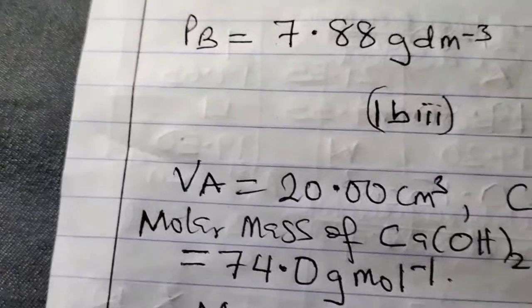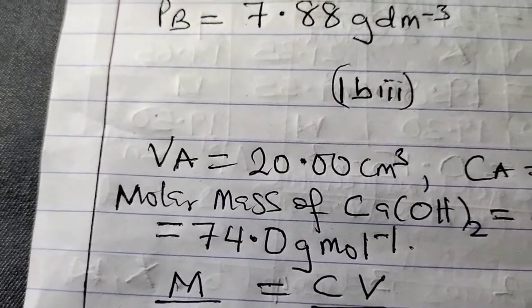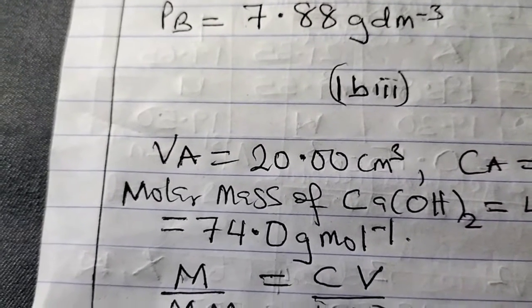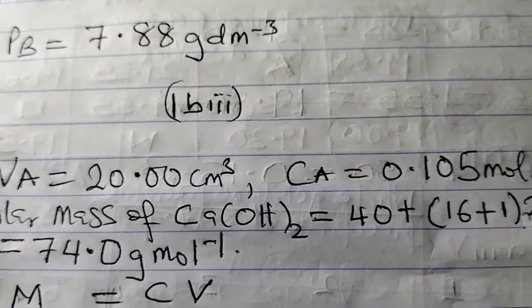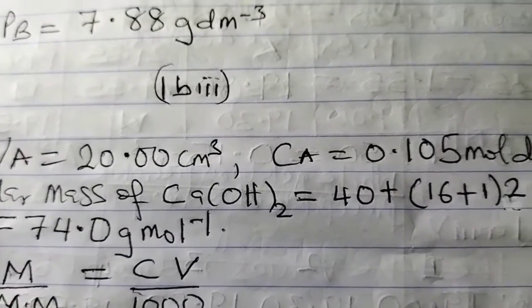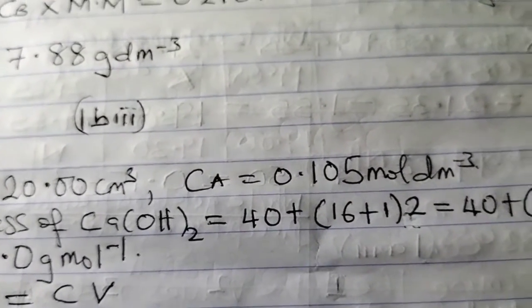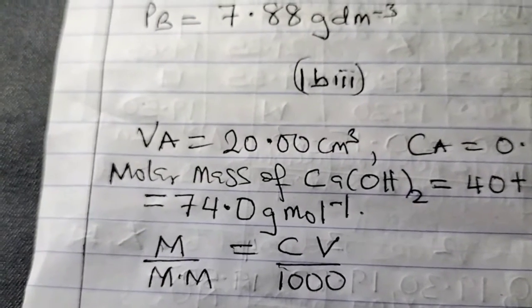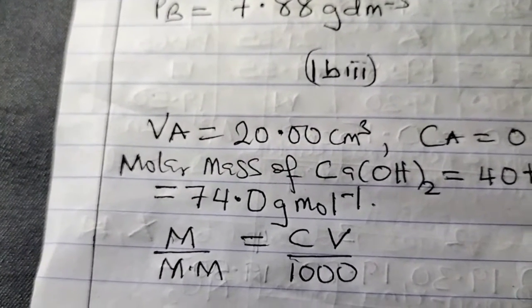The volume we are dealing with is 20.00 cm cube, VA, because calcium hydroxide is present in solution A. The concentration of calcium hydroxide, CA, given in the equation is 0.105 mole per dm cube. First of all, we have to find the molar mass of calcium hydroxide.